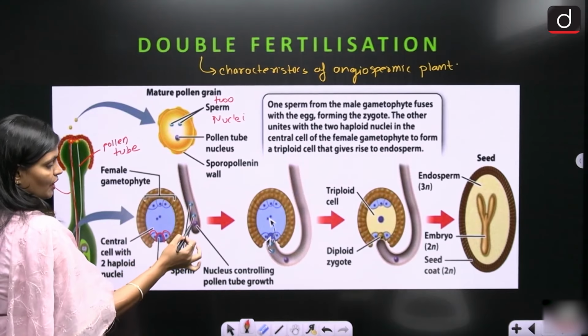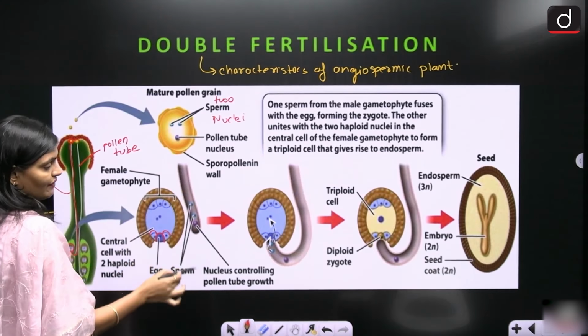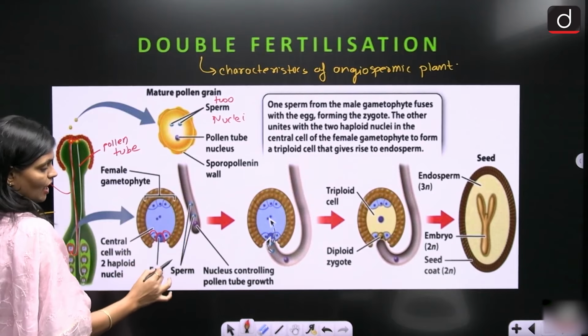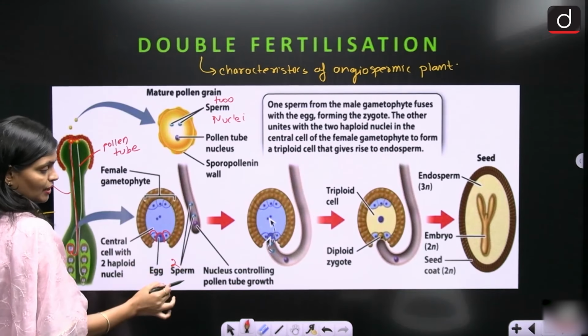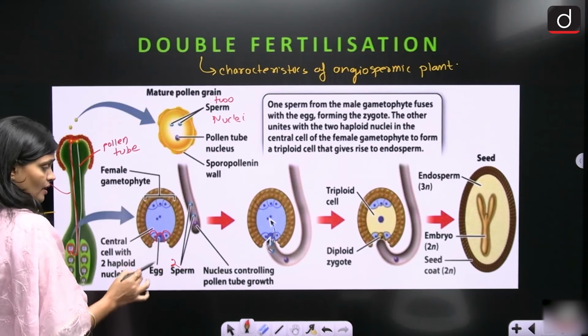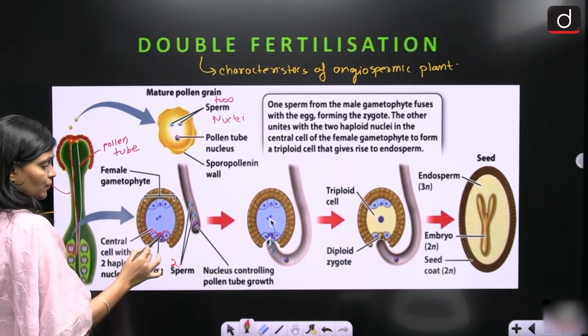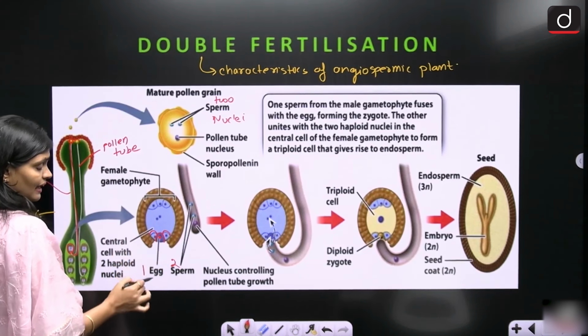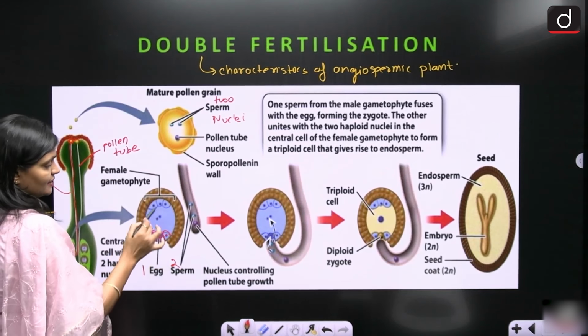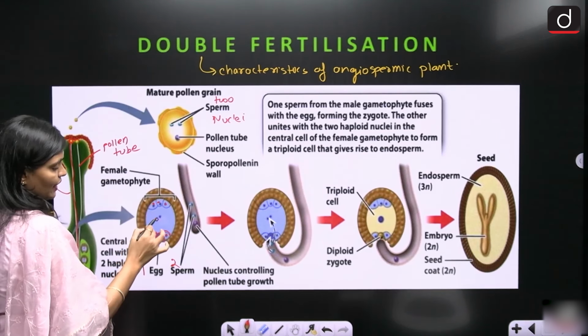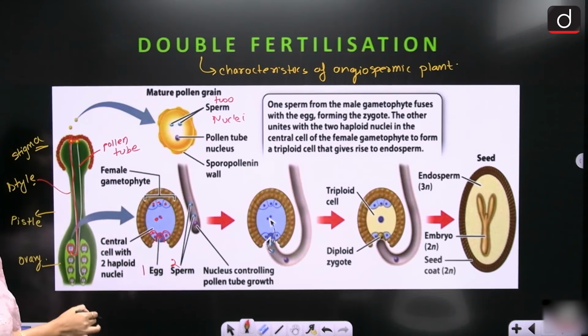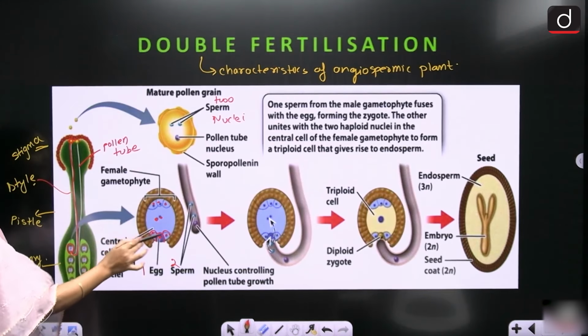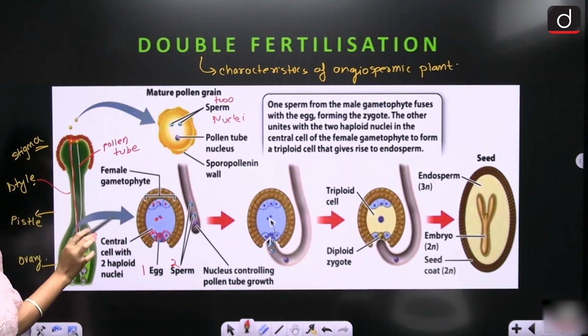See, this is the pollen tube. The pollen tube has sperm nuclei, 2 sperm nuclei. And inside the ovule, you have 1 egg nucleus, 2 synergids, 3 antipodals, and 2 polar nuclei, 8 nuclei in total. Clear?